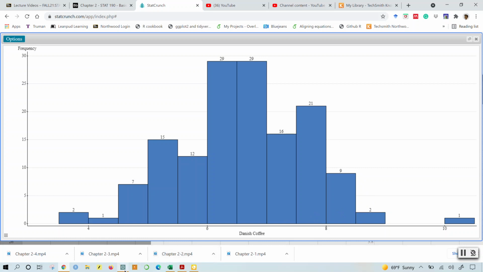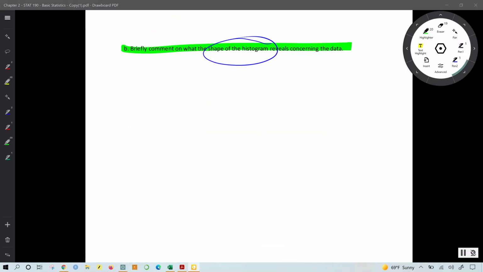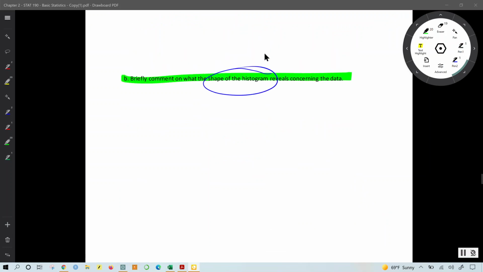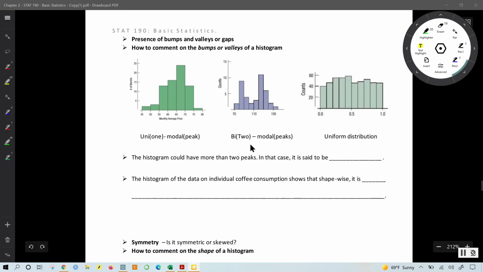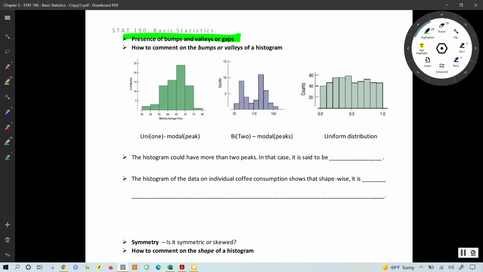And to continue with what we have, we will need to learn what things to look for whenever we look at a histogram. What are aspects of the histogram that we should discuss anytime we have drawn a histogram like we have just done? That takes us to the next page. The very first thing to look for is the presence of bumps and valleys or gaps.